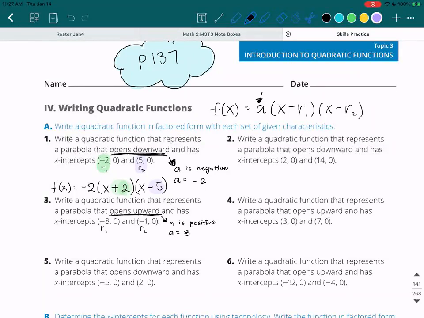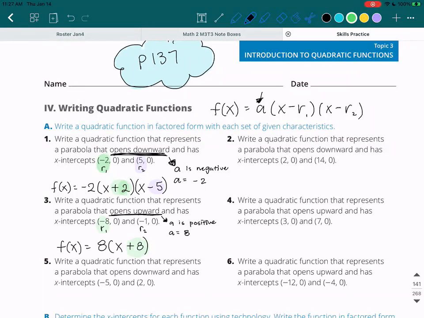If you don't like 8, you can pick another one. It doesn't matter as long as you choose a positive number. So let's write it out. f of x is equal to 8 (x minus, all right, so let's see what our R1 is. Our R1 was -8. So since it's a -8, I want to do the opposite sign. Instead of -8, I'm going to write +8.